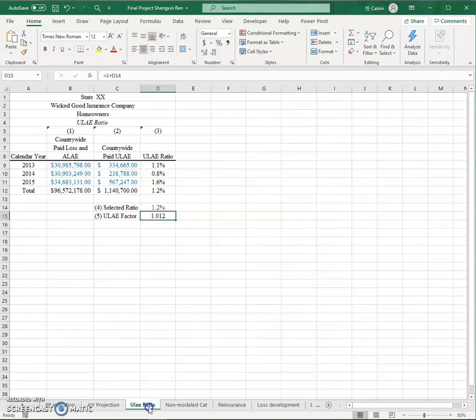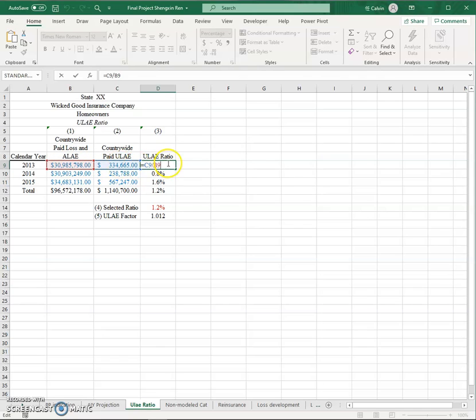Next I'm going to explain the ULAE ratio. As you can see, the countrywide paid loss and ALAE and countrywide paid ULAE are given, and I sum them up. I get a total number, and for the ULAE ratio, I just use the countrywide paid ULAE divided by the countrywide paid loss and ALAE.